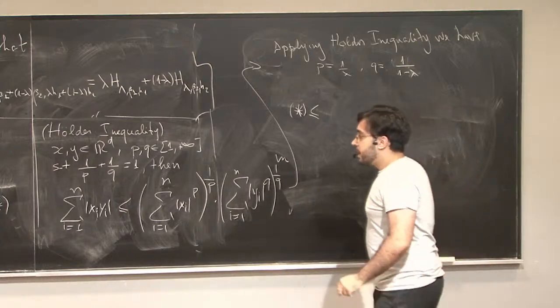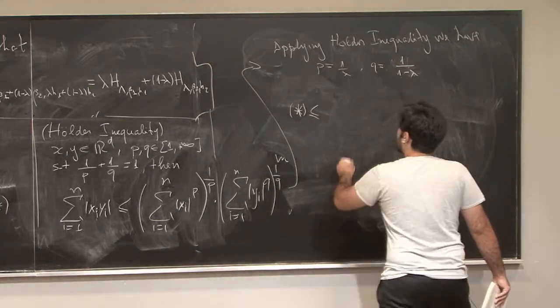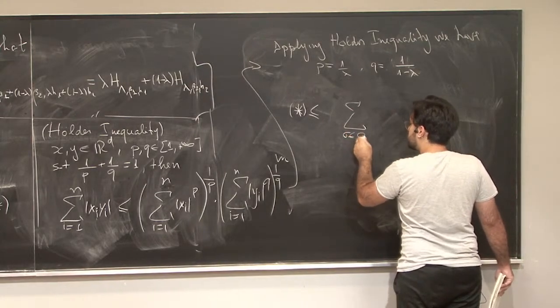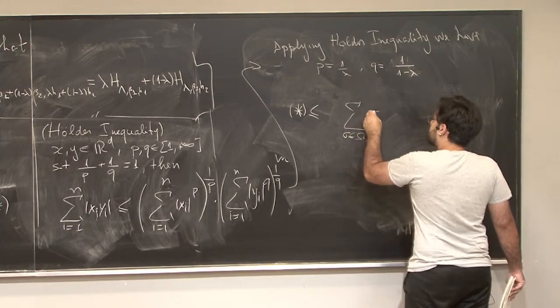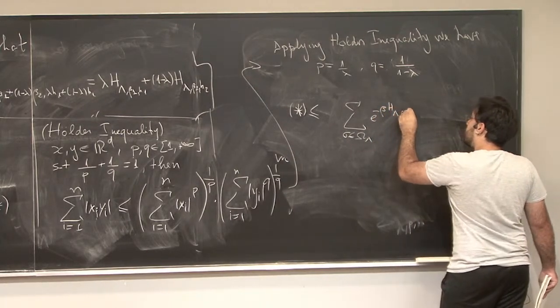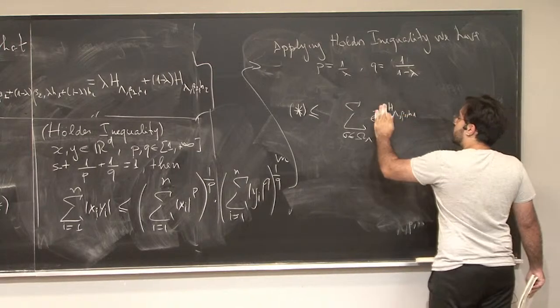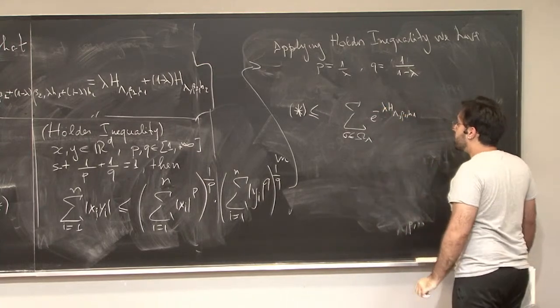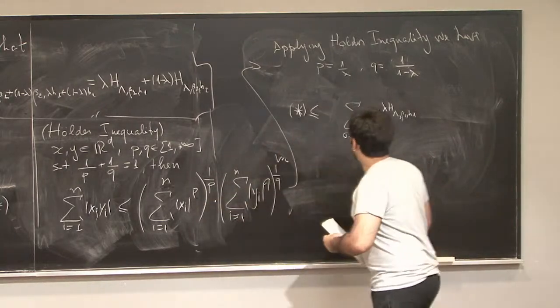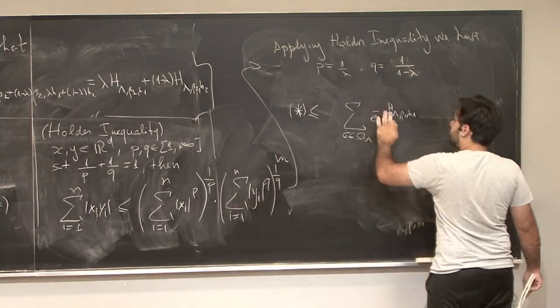So what we get is the sum over sigma of the exponential of minus beta h v1 h1. It is not beta here, it's lambda, okay? But I will multiply it by p, so p is 1 over lambda, so this disappears.